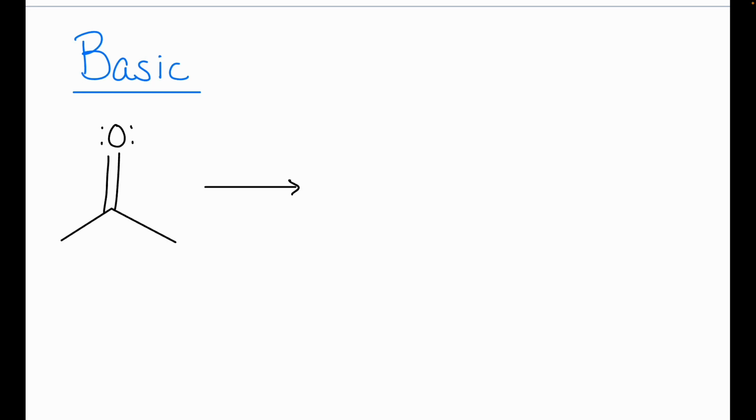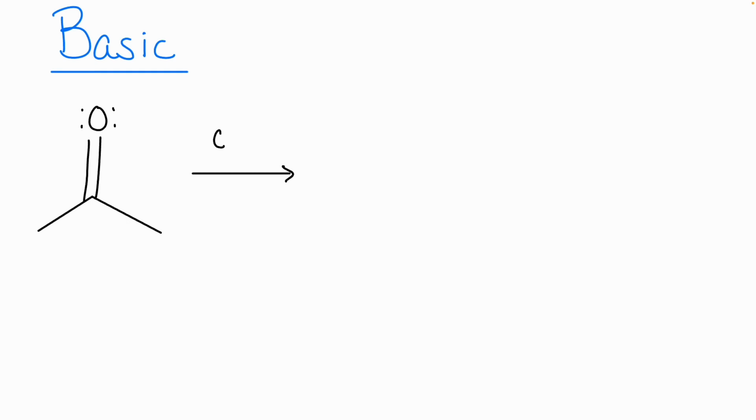We're going to use one of our basic nucleophiles. Let's go ahead and use the cyanide ion. All right, and I want you to take a second and see if you can give me the full reaction mechanism here for this reaction between acetone and cyanide.